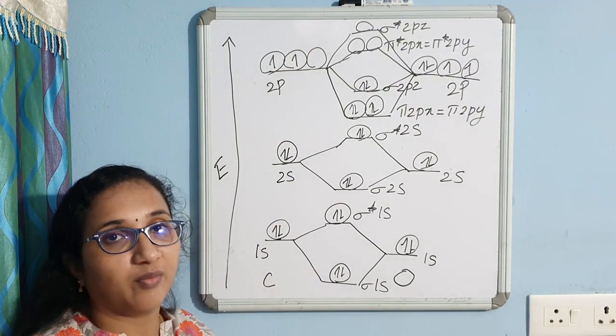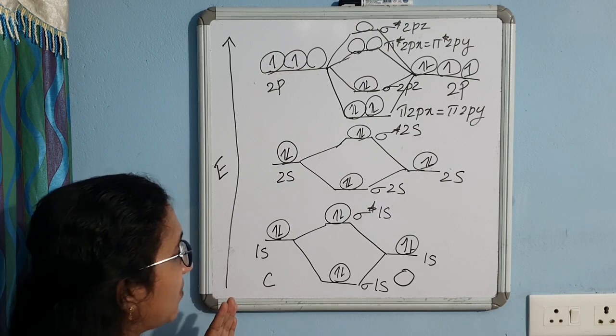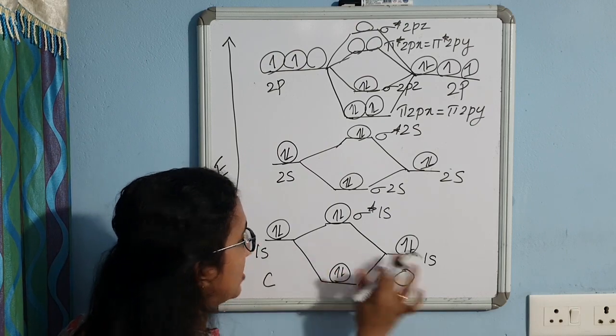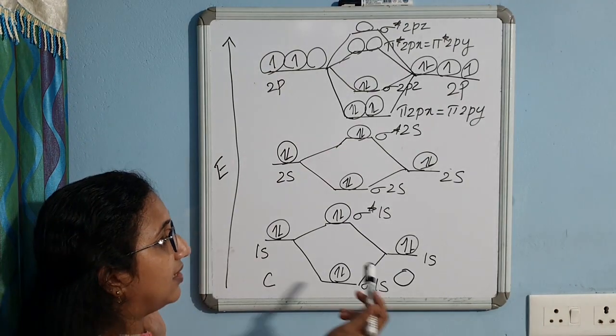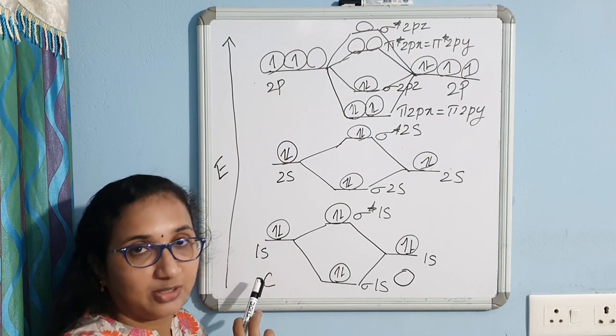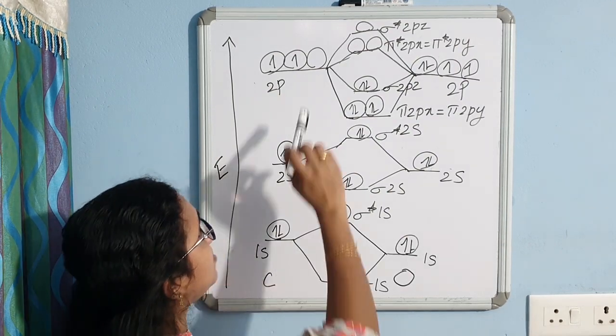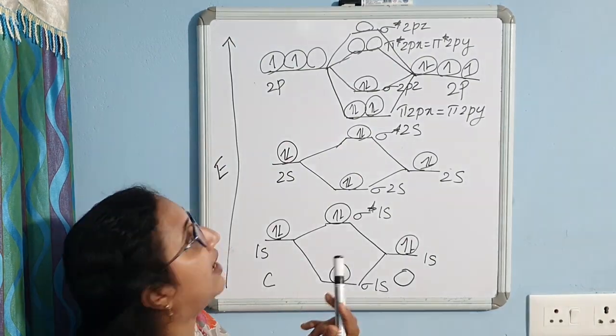We can see the main differences between the homonuclear and heteronuclear MO diagram. One thing is that we have different atoms on either side, so their energies are not on the same line, energies are slightly different, and always the more electronegative element will have lower energy than the less electronegative element. Another difference is in the atomic orbital configuration, especially in the valence shell.